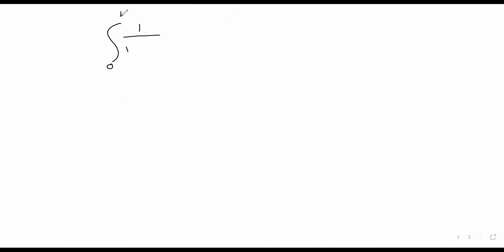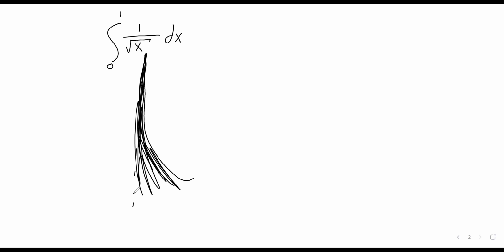This function has the exact same issue as the last function. If we let x be 0, we get a division by 0 error. Just like with the last function, this region extends infinitely upwards.